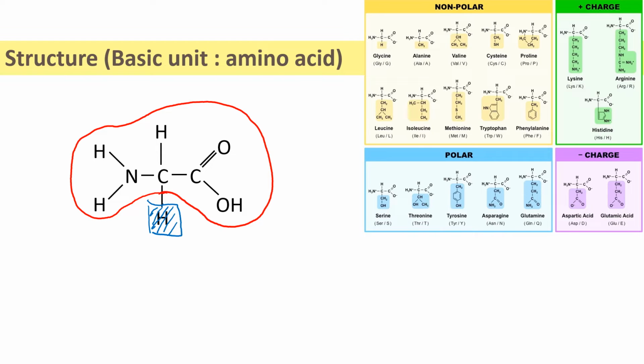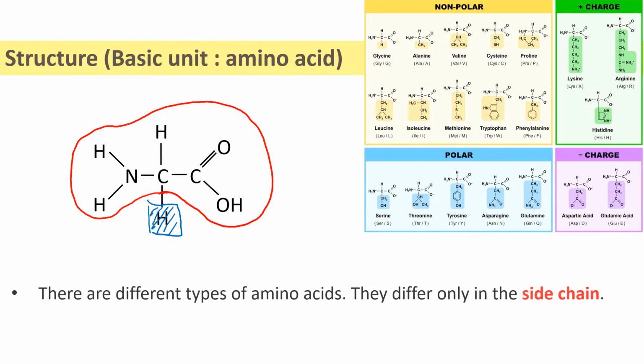Now for glycine, that is the simplest amino acid, it has an H. But there are different amino acids with more complicated and crazy structures like these. When this part differs, they become another amino acid. And in total, there are 20 common types of amino acids important for humans.